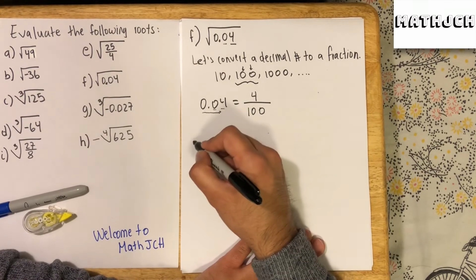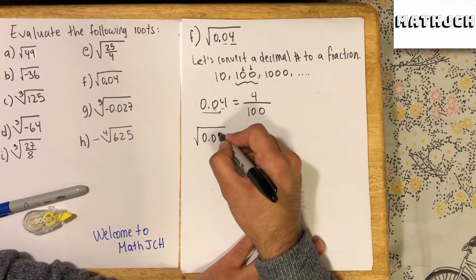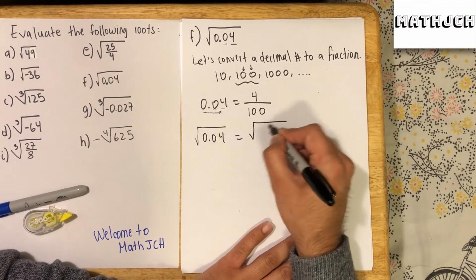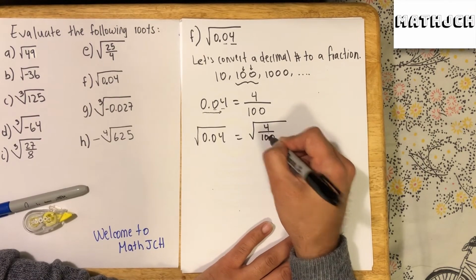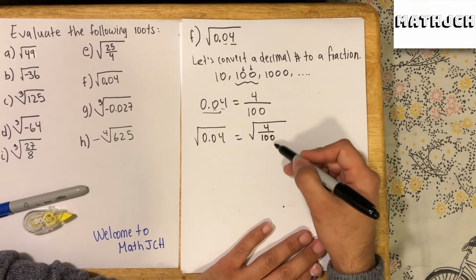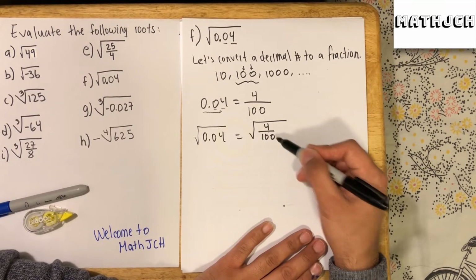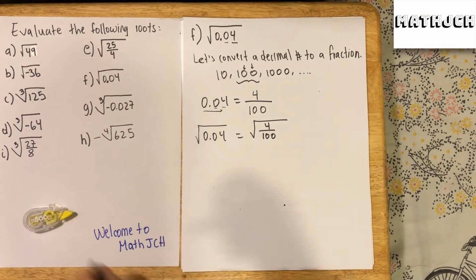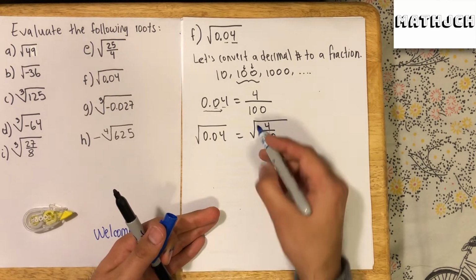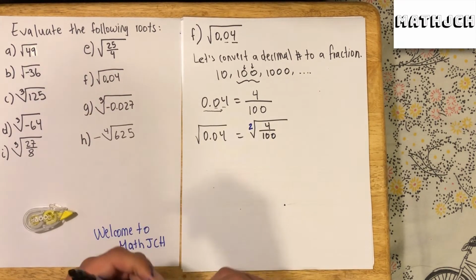Now, let's rewrite square root of 0.04 as 4 divided by 100. Again, this is very similar to our previous problems in which we have a fraction. And again, if the index is not given, automatically it's going to be 2.